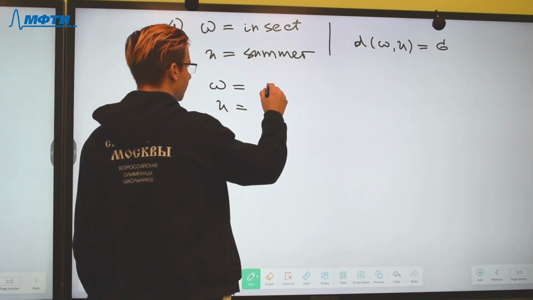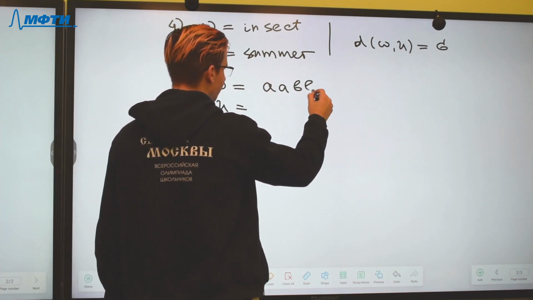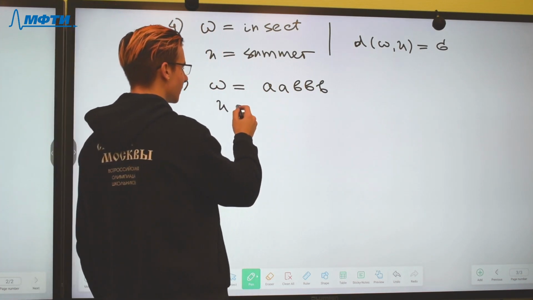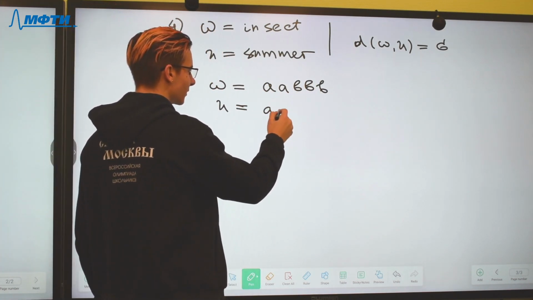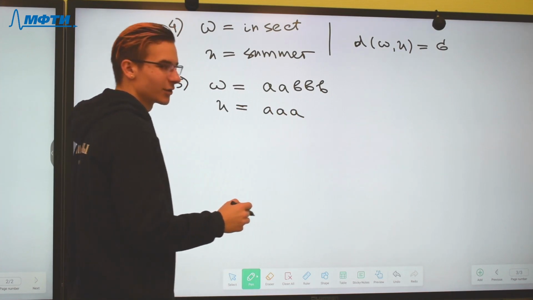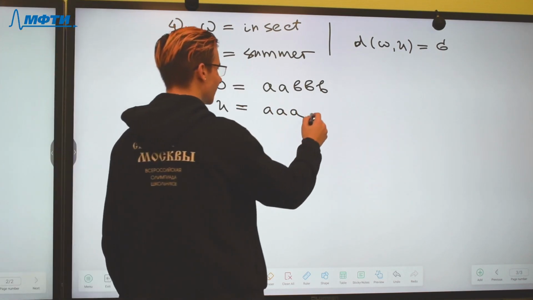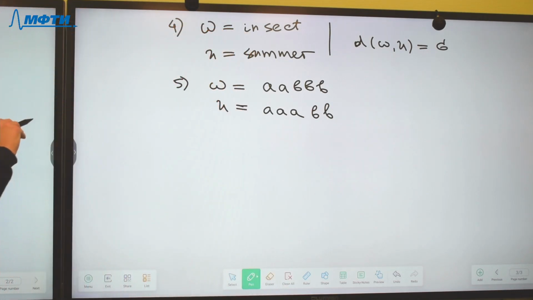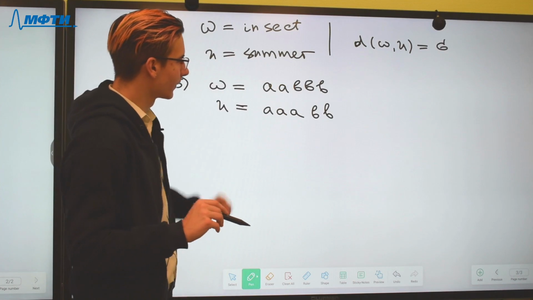Okay, and for example, these two words, of course, they are not in the English dictionary, but we can use them too. For example, what is the distance between these two words? Only one, yeah? One.